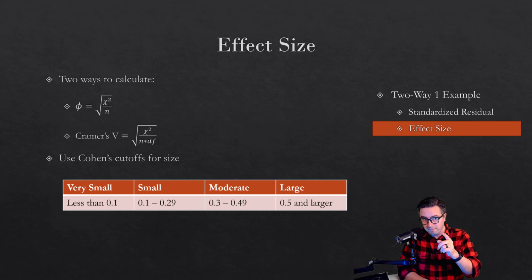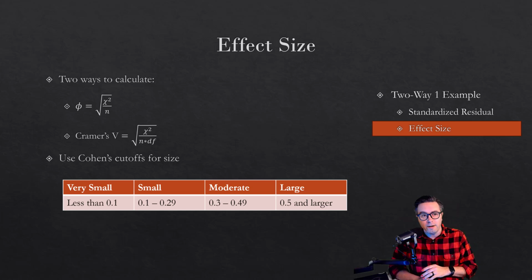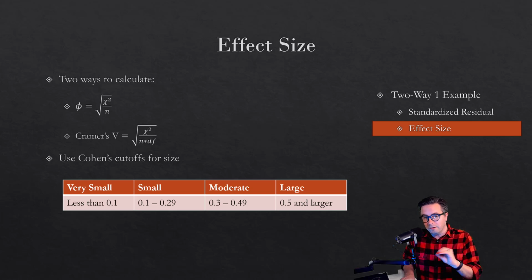That's for the two-way, that's the phi. Then we have Cramér's phi, which is the square root of the chi-square divided by the sample size, but we multiply the degrees of freedom by the sample size in the denominator. So that's the difference: we multiply degrees of freedom and the sample size in the denominator for Cramér's phi, but we don't for the phi.